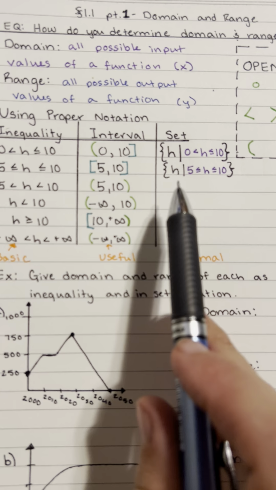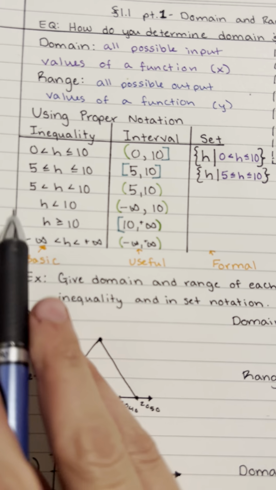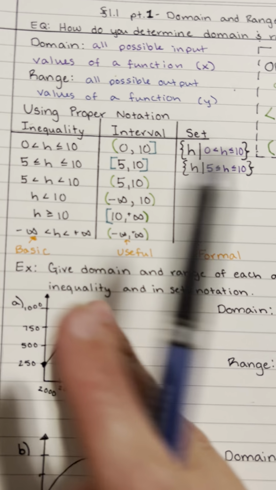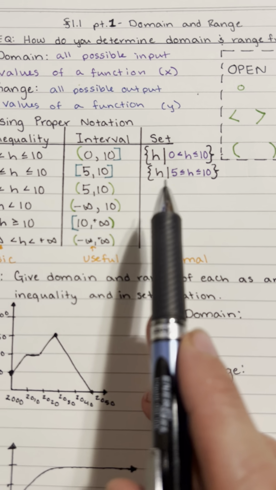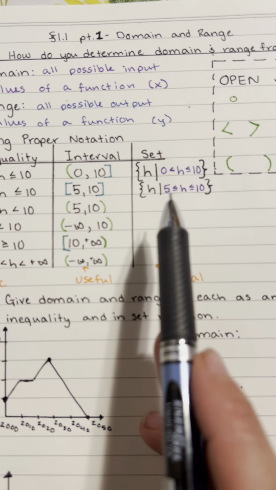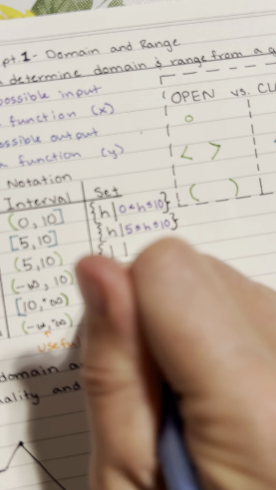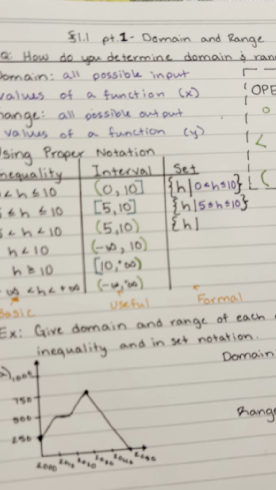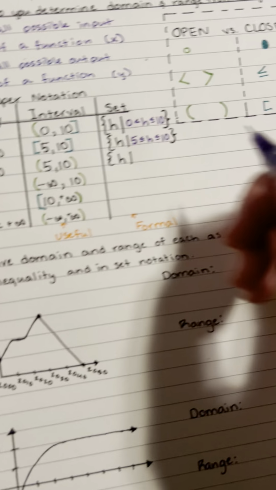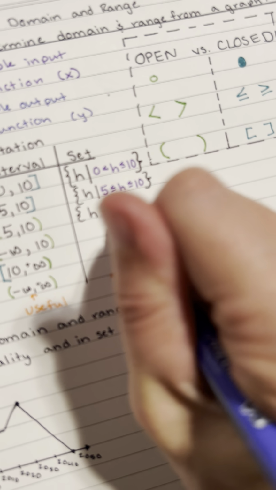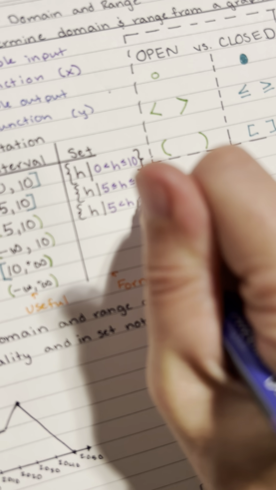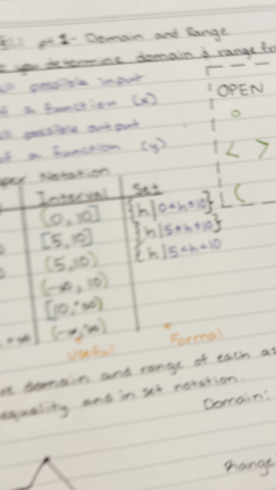So here it's really writing a sentence in math for you. So instead of 5 is less than or equal to h is less than or equal to 10, it's saying a variable h such that the value is between 5 and 10. Okay. And continue. h such that, and then again, copy, paste, 5 is less than h, h is less than 10. Complete with the squiggly bracket.